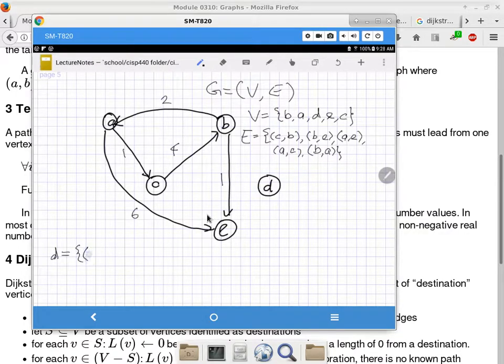So we'll pick out BA first. The edge BA has a cost of 2. So we are mapping the edge BA to the real number 2 here. Even though I only assigned integer values in the example, there's no reason why they cannot be real numbers.